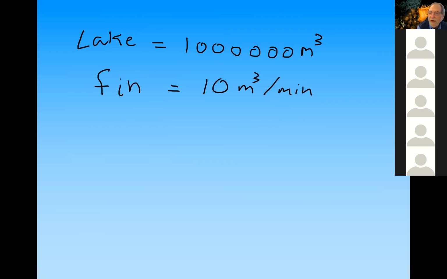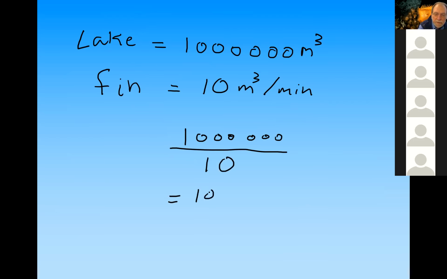And the volume of the lake does not change. We know that F in has to equal F out. Well, then it's very simple. We take 1 million divided by 10 equals 100,000 minutes. So that tells us that any parcel of water has an average residence time in the lake of 100,000 minutes.